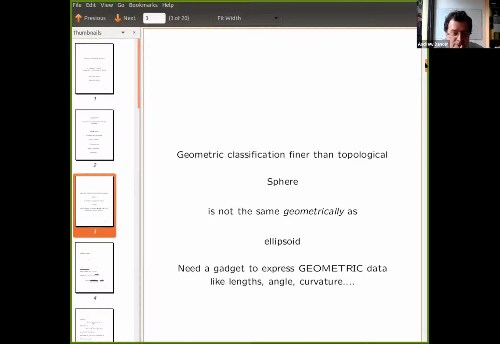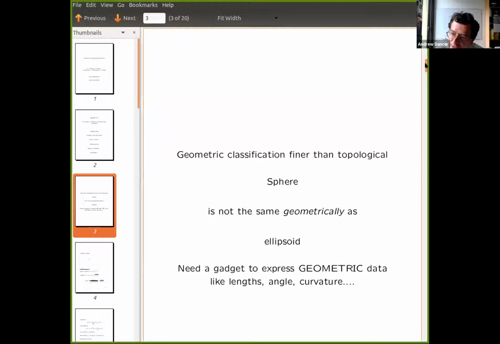Just an example of this, the sphere, we could obviously squash to form an ellipsoid, but because that's a continuous deformation, there's no tearing or creating holes or whatever. Those are the same topologically, but they're not the same geometrically. So the study of differential geometry really goes beyond topology.